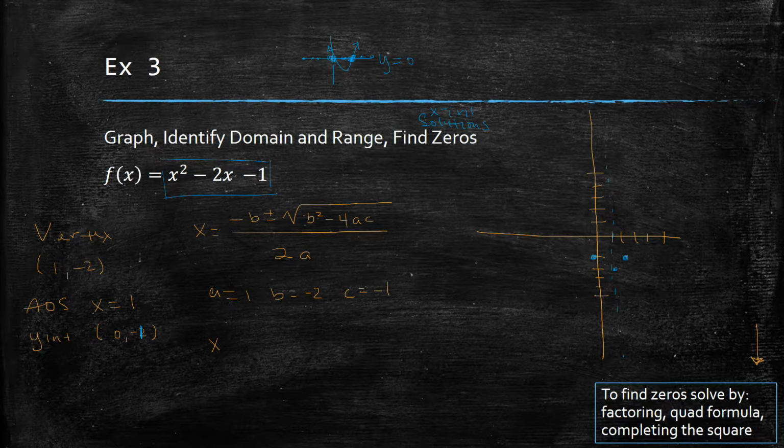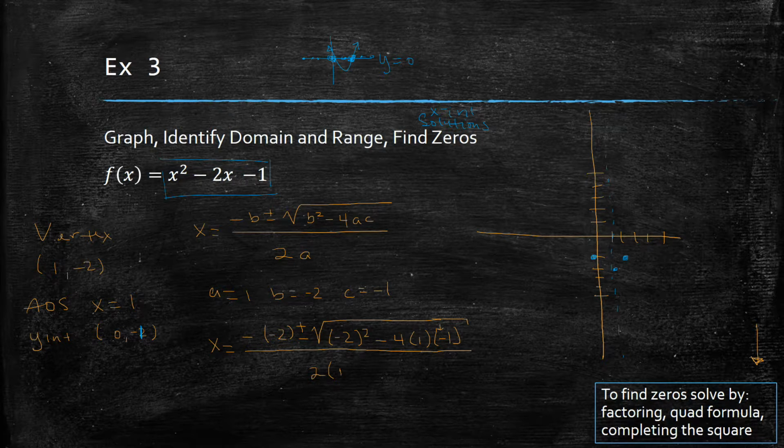We plug them in. Our values for x are equal to negative b, always use your parentheses, plus or minus the square root of b squared minus 4 times a times c. Be careful that you include that negative. A lot of you guys are missing that, and it's going to mess up your number here.